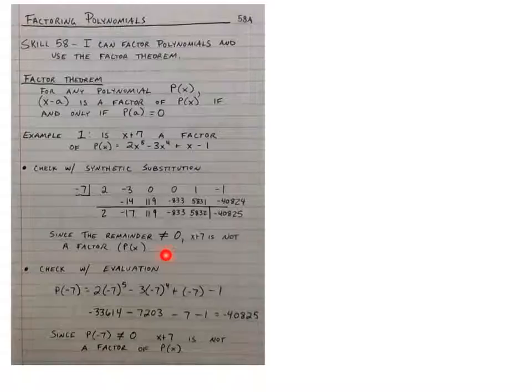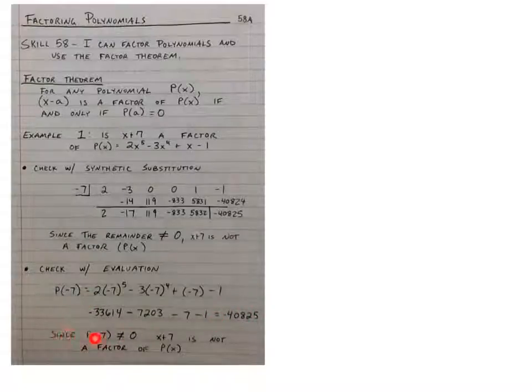We can also check this by simple evaluation. We take the value of -7 and we plug it into our polynomial. So we get 2 times -7 to the 5th minus 3 times -7 to the 4th plus -7 minus 1. If we evaluate that all out, we get the value of -40,825.